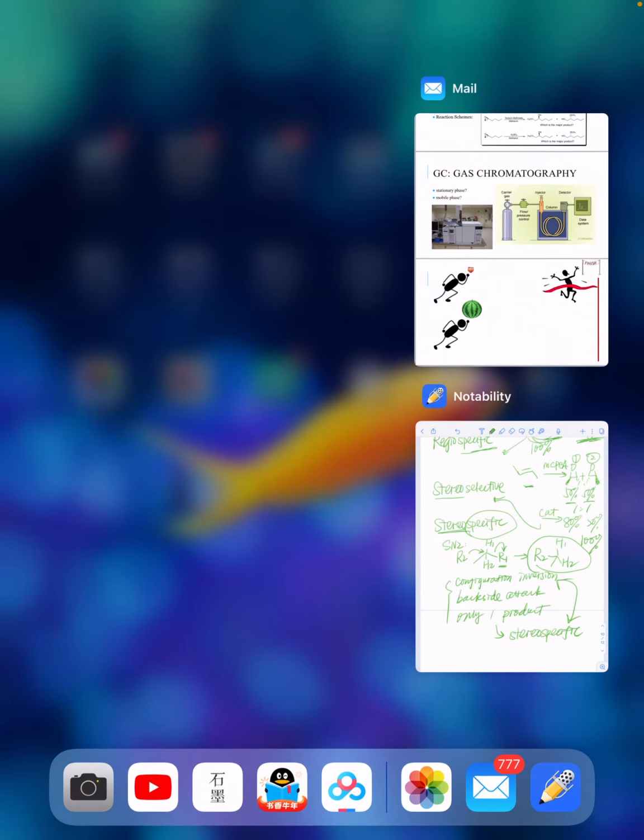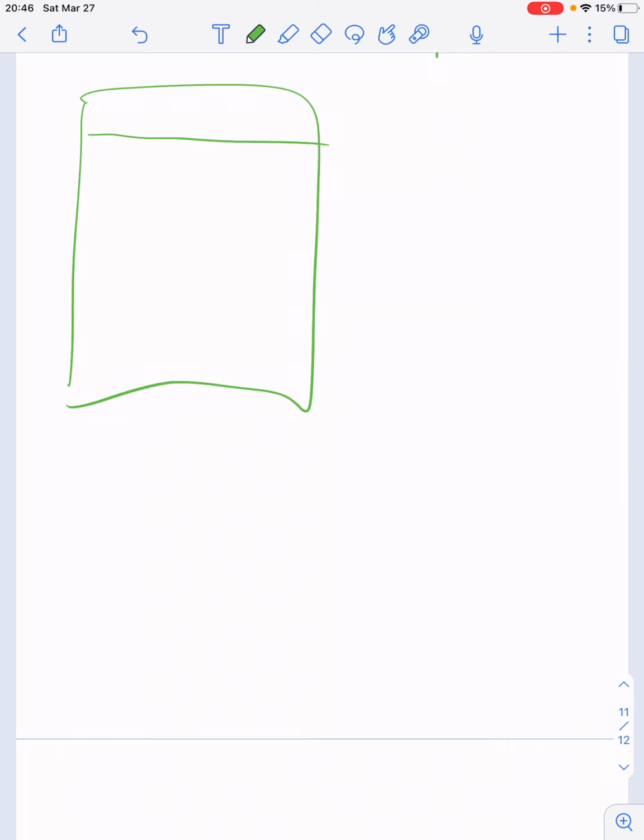So if you use a TLC, solvent front, that's where they all start from, starting line.